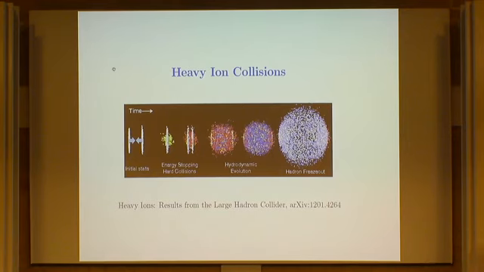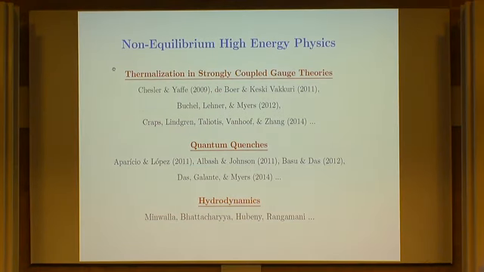So problems related to the entropy viscosity ratio are therefore very interesting in connection with these heavy ion collisions, and people have been trying to tackle these from different vantage points, both within AdS/CFT but also within pure hydrodynamics. So just to give you a little bit of an overview of the high energy literature, there's a lot of work on looking at thermalization in strongly coupled gauge theories, for example, by Chesler and Yaffe and company.